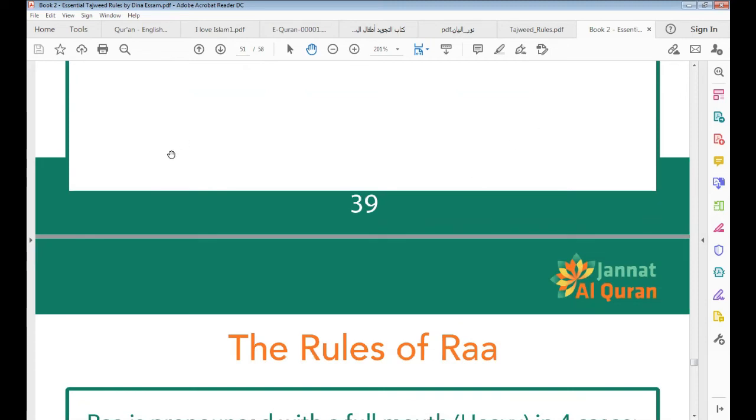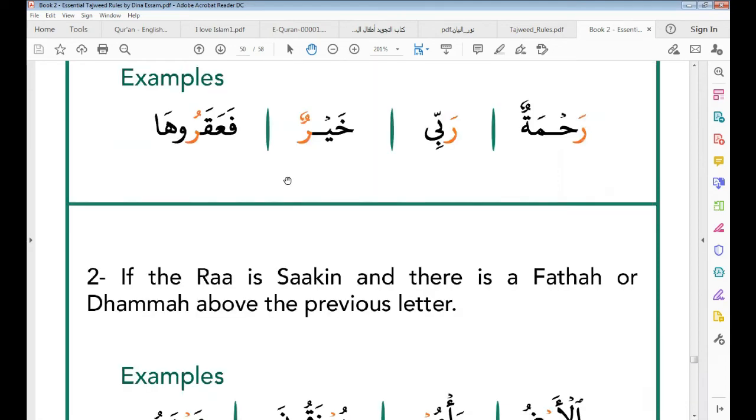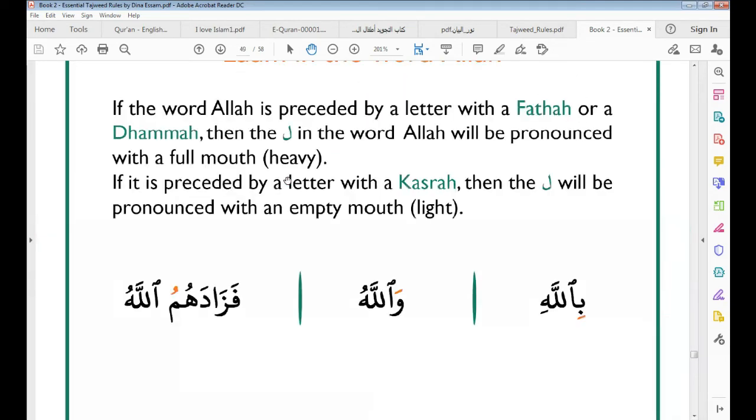And the second way, it will be light when we have the ra with kasra, or when we have the ra sakina and the preceding letter has kasra, or when it's the second letter and the letter before it has kasra. So these are the main rules. The exceptions are just known like that. You will tell them that we have some exceptions like 1, 2, 3, 4.